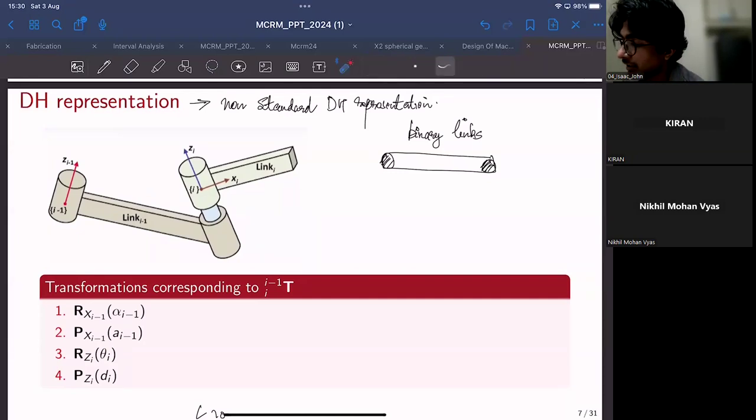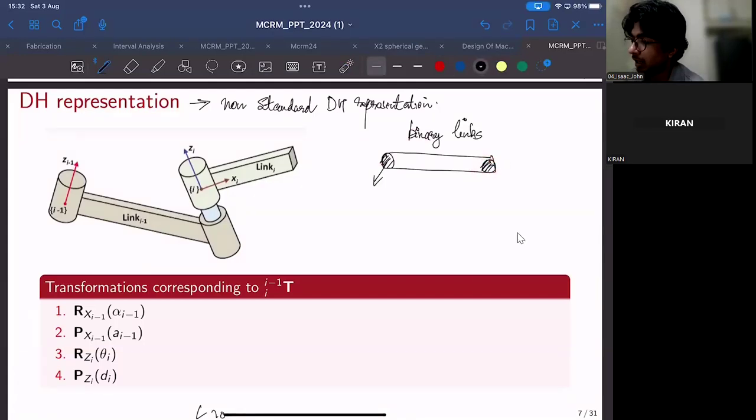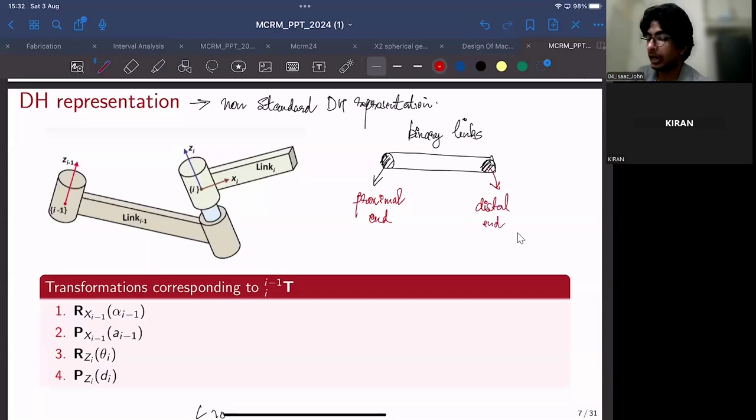For example, if you consider this to be a rigid body or a binary link, you can label the two ends. This is one end of the binary link, and this is the other end. A binary link has two ends, which can be labeled as the proximal end, and the other end of the binary link can be labeled as the distal end.